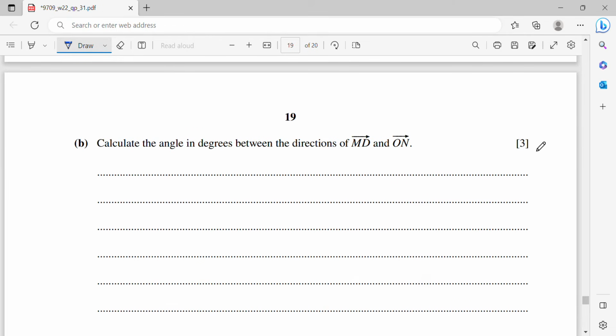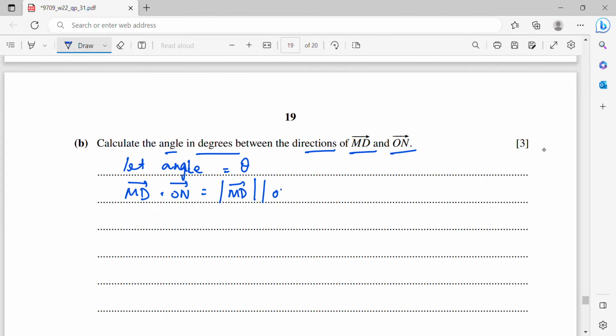Now B, calculate the angle in degrees between the directions MD and ON. So I let the angle equal to theta. So now use the scalar product formula. MD dot ON equals magnitude MD times magnitude ON cos theta.